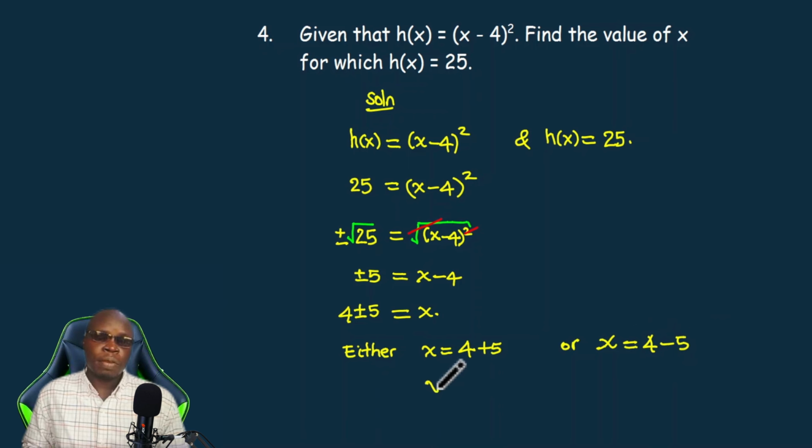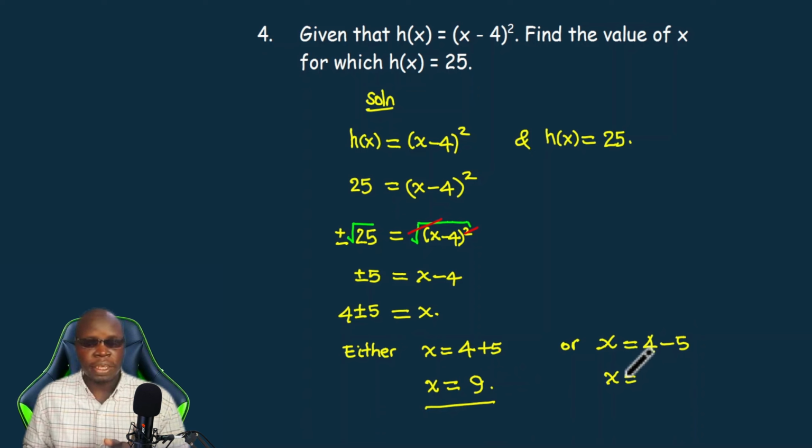So when you simplify the first option, 4 plus 5 equals 9. So our first value for x is 9, and the next value for x would be 4 minus 5, which is negative 1. So here is our second option of the answer.